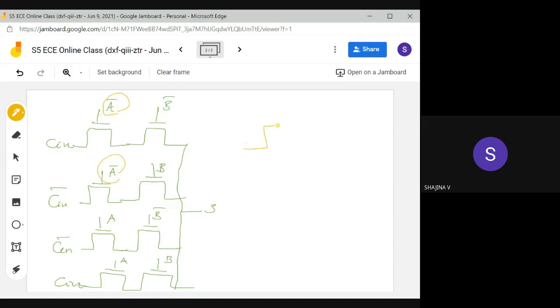So by changing the position, that is, here I am taking B bar and here A bar, so that next case എന്ത് ചെയ്യാം? Here I can take B and I can use this single transistor, right? വേണമെങ്കിൽ കോമൺ ആയിട്ട് കുറച്ച് സെൻട്രൽ ആയിട്ട് വരച്ചോ.